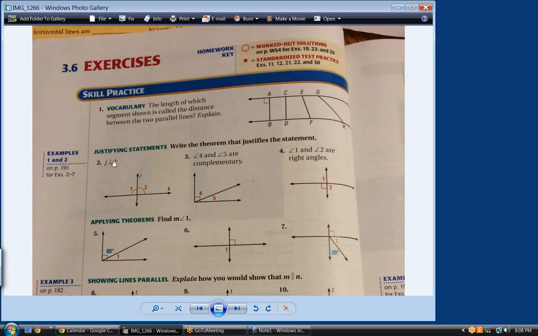That means j is equal to k. Whether it's called theorem 3.1 or 3.6, or even if it says if two lines intersect to form a linear pair of congruent angles, then the lines are perpendicular, it's not even that important that you memorize that wording.